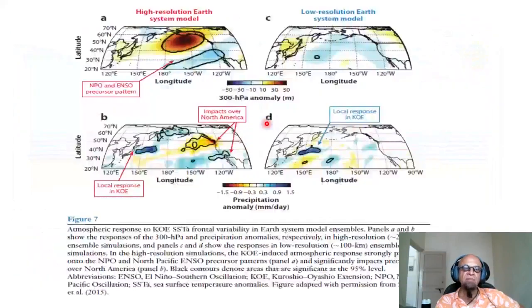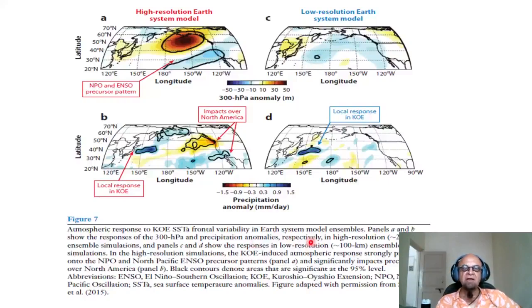Well, please read the paper to see that these ideas are there, but actually deconvolving all of them is not easy. Not enough data, plus models may be doing something similar yet mechanistically different, especially because we don't know the mechanisms anyways, right? So atmospheric response to KOE SSTA in frontal variability in Earth system model ensembles.